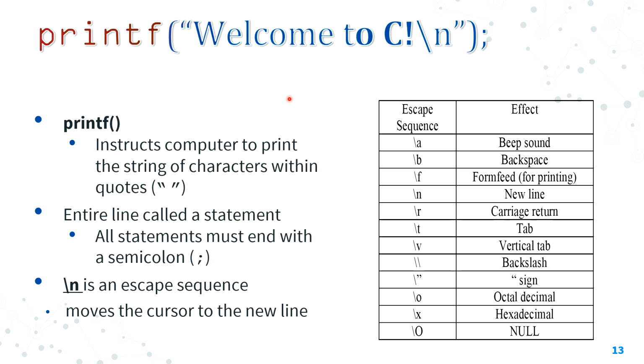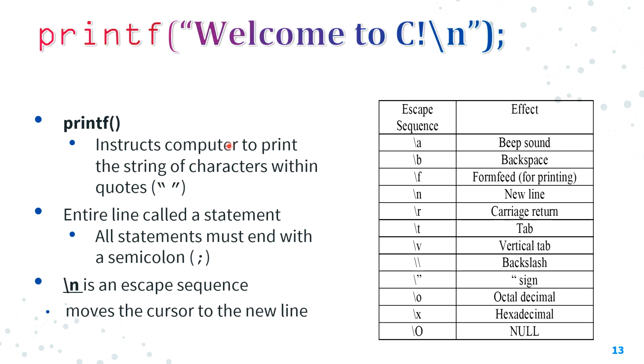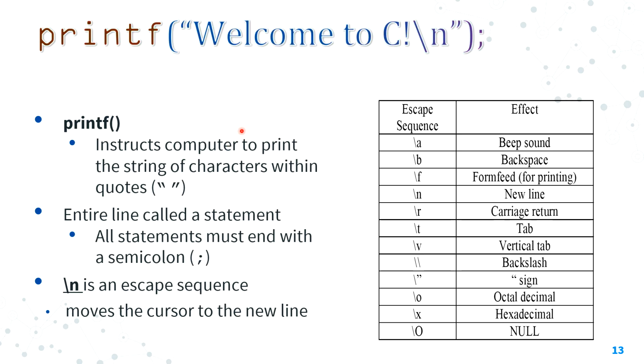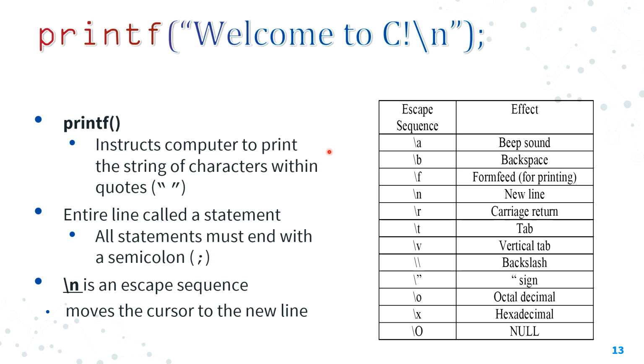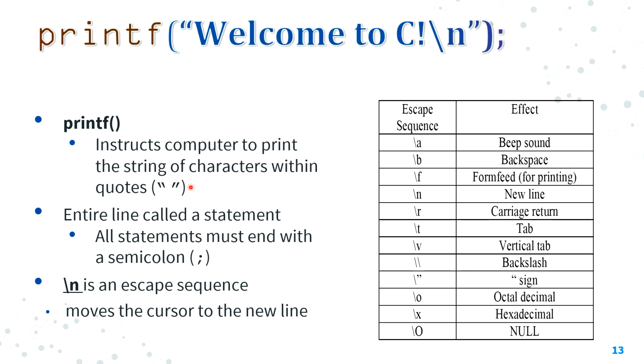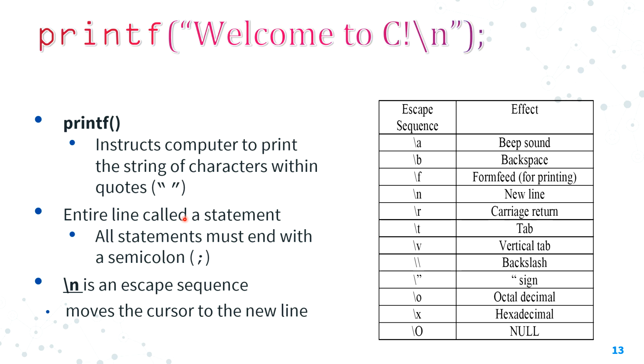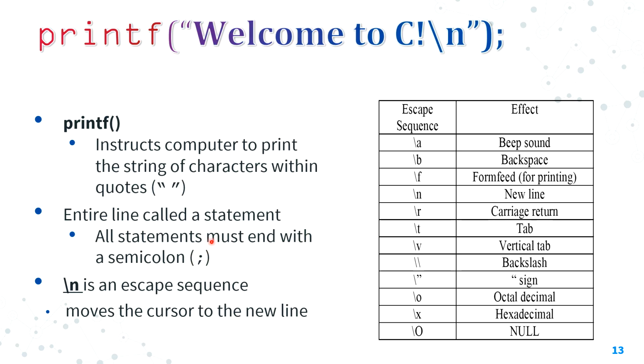The printf function statement. Just now we said that the printf function is used to display output. It instructs the computer to print text, or what we call strings, inside double quotation marks to the screen. Each printf line is a statement, and every statement in C must end with a semicolon.